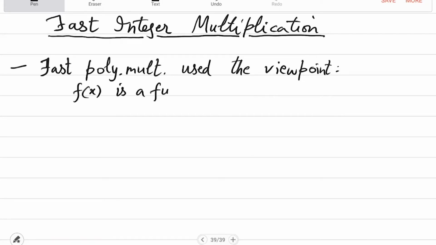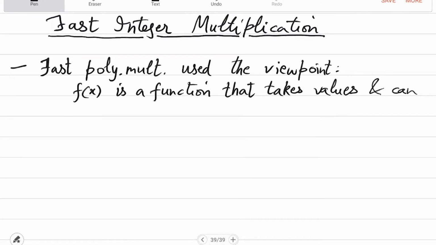Fx is a function that takes values, and can be learned from the values, which is interpolation or DFT inverse.